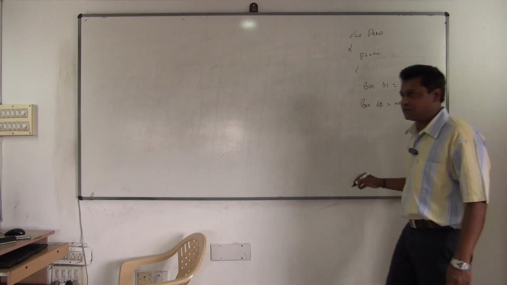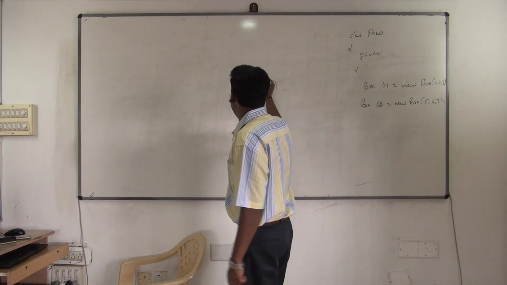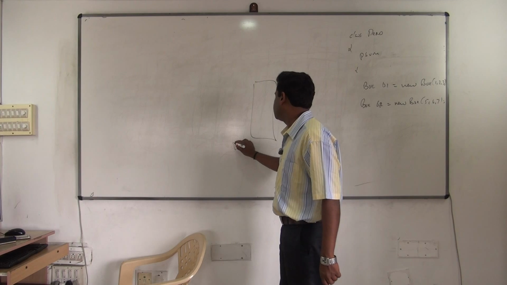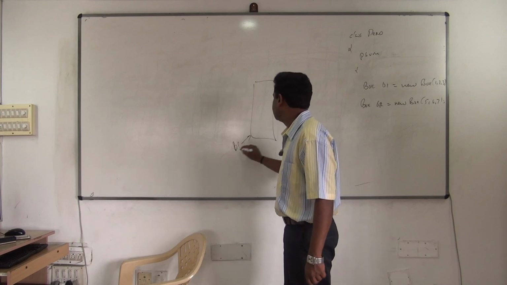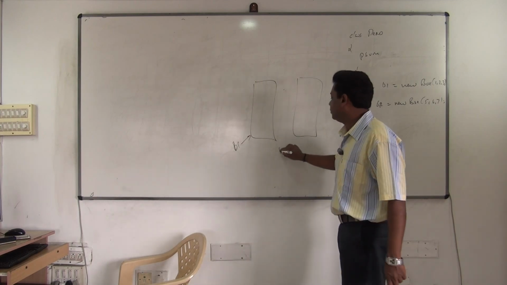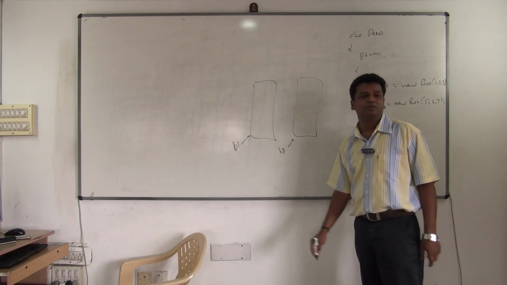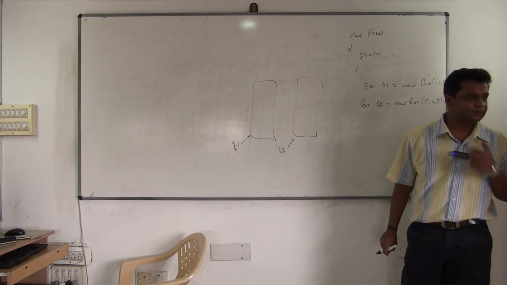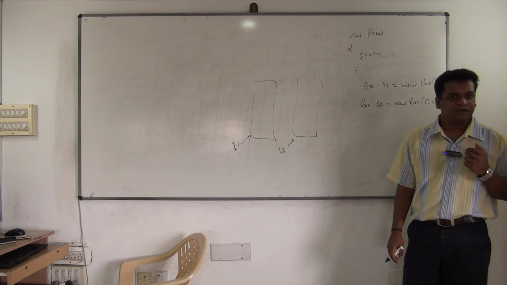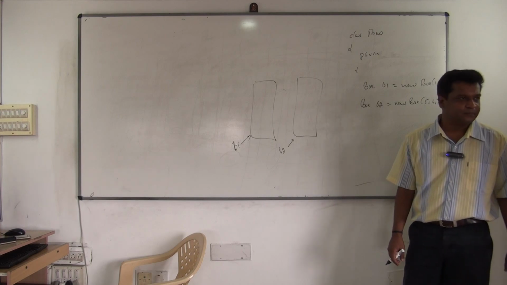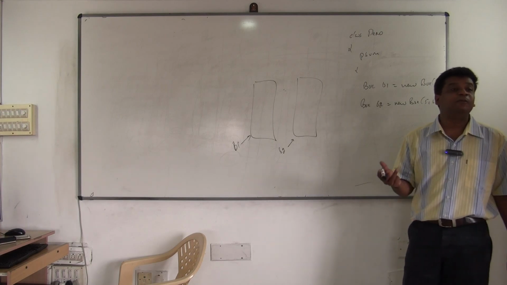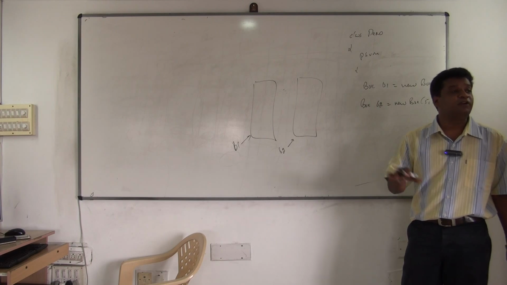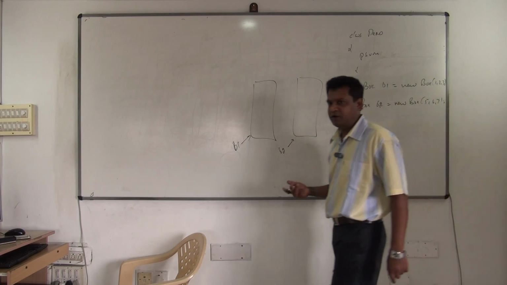You created two objects. For every object getting created in the JVM, this is b1, this is b2, there is something called a hash code which is getting generated. The JVM will be generating the hash code for every object.